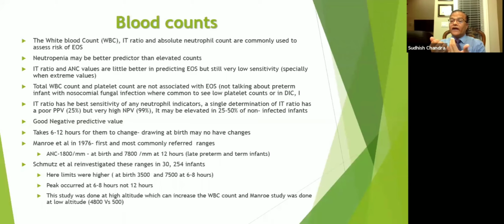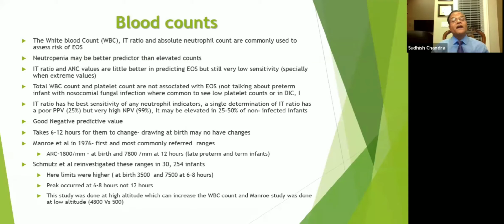So you add both of them, which are immature, and divide it by total neutrophils. Total neutrophil is mature neutrophil plus band count plus metamyelocyte. That's how you get that number. The other one, absolute neutrophil count, that is just the number of neutrophils out of total WBC count. And they may have some significance, but not higher significance. It is the lower or low ANC or neutropenia which may predict infection a little bit more than the higher numbers.